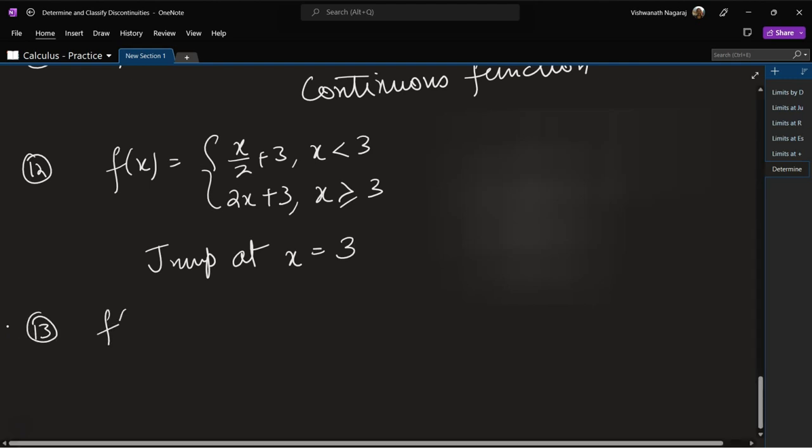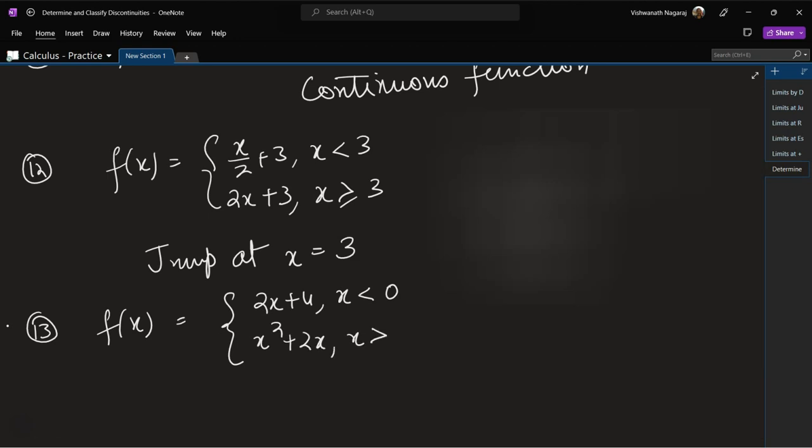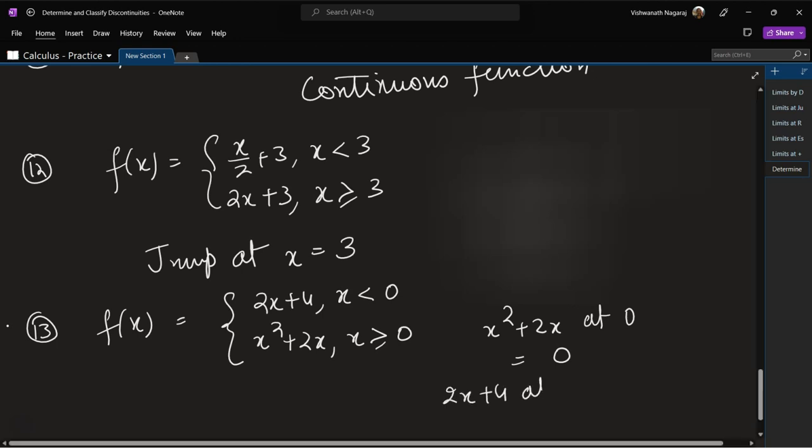Okay, 13th one, f of x equal to 2x plus 4 when x is less than 0, and x square plus 2x when x is greater than or equal to 0. So again, let's take x square plus 2x at 0, which is equal to 0, whereas 2x plus 4 close to 0.